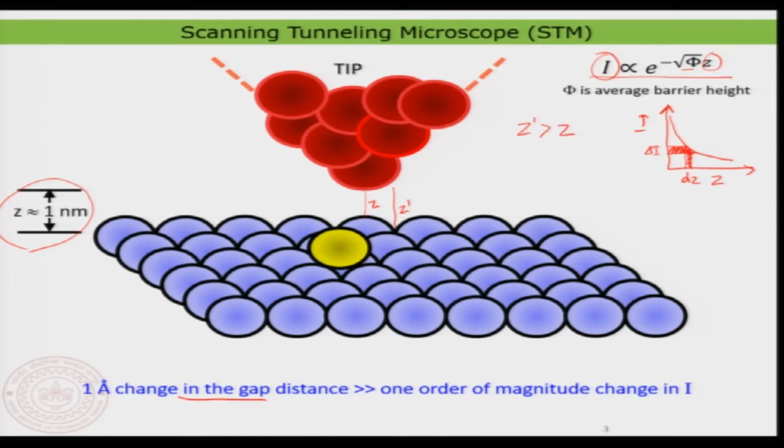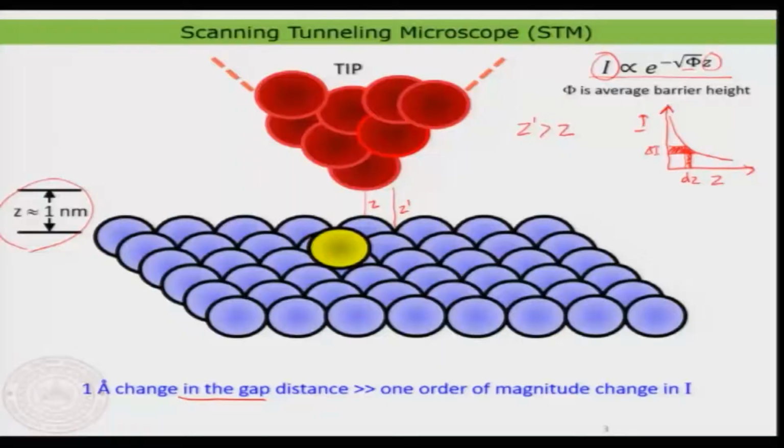The position z prime represents that the tip is in between two atoms, where the distance between the tip and the sample is higher. So, what is the consequence? The consequence is that there will be a drop in current of about 1 order of magnitude. If the distance changes by 1 angstrom, then there is an order of magnitude change in the current.